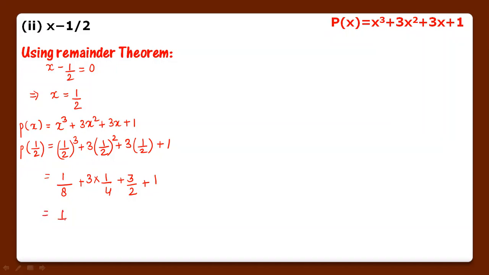We can write like this, plus 3 upon 4 plus 3 upon 2 plus 1. The denominators of each term are different. So first of all we have to find the LCM to make the denominators same. We'll take the LCM of 8, 4, 2, 1.